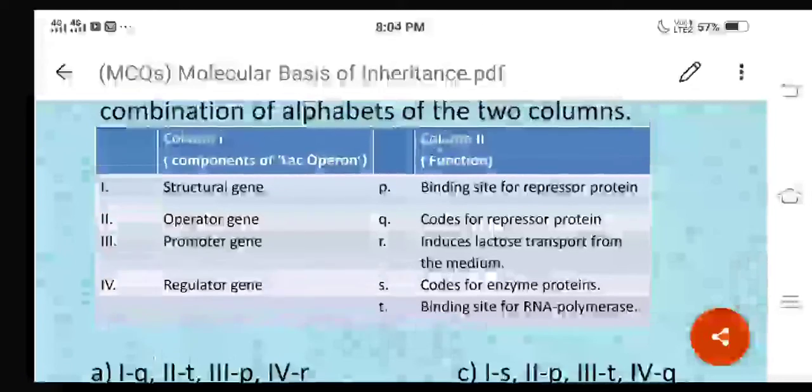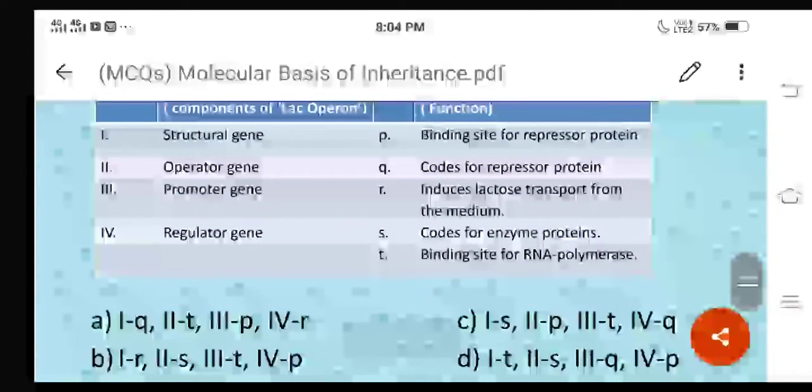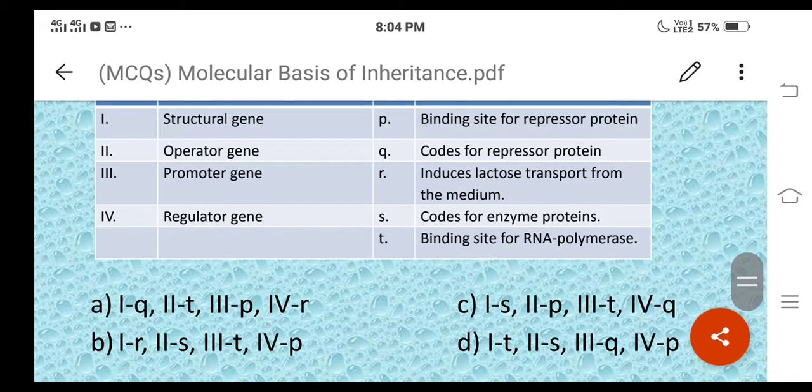polymerase, right? According to the question, for question number 4, option C becomes the correct answer. 1S means structural gene codes for enzyme proteins. The second one will match with P, operator gene, which is the binding site for repressor protein.